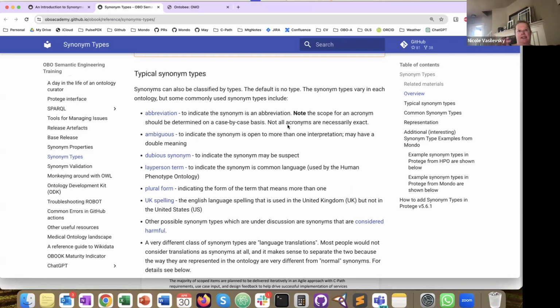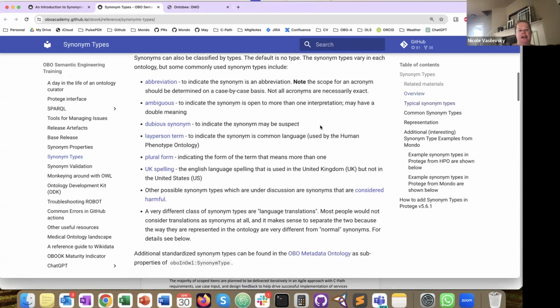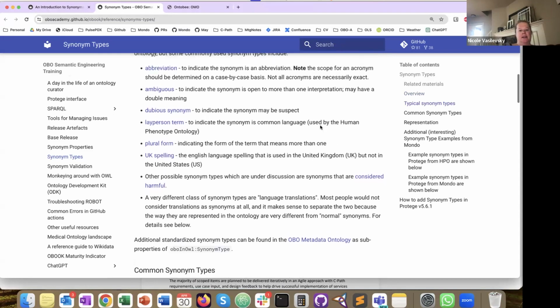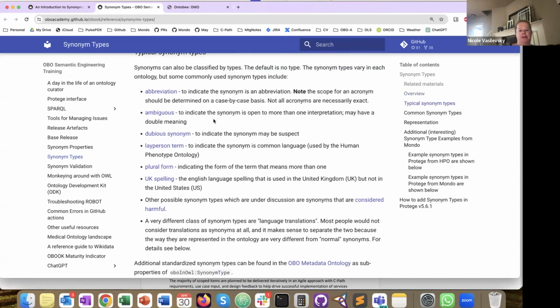So things like ASD for atrial septal defect, or autism spectrum disorder. But they should be used carefully, because not necessarily all acronyms are exact. There's a synonym type of ambiguous to indicate the synonym is open to more than one interpretation or may have a double meaning.